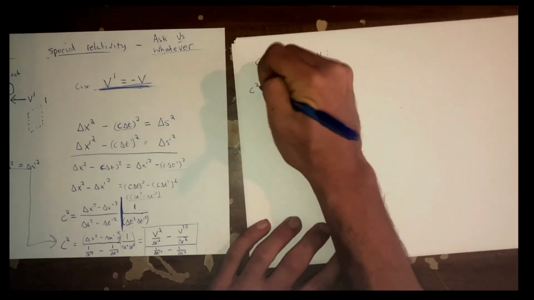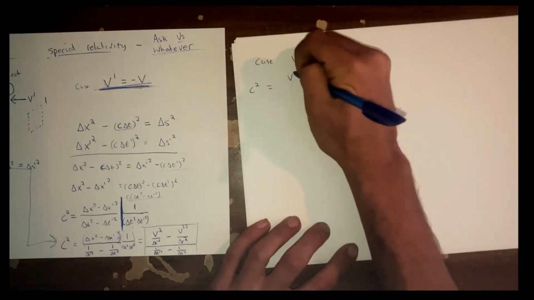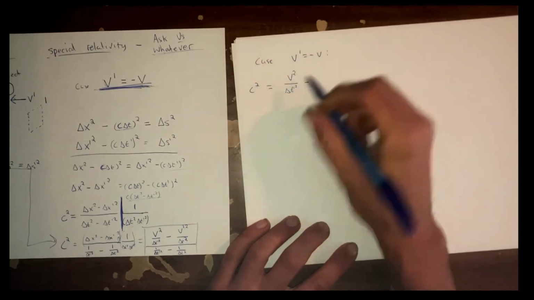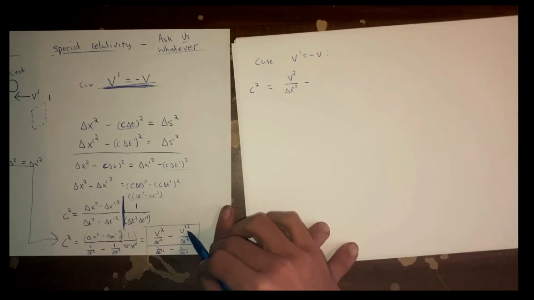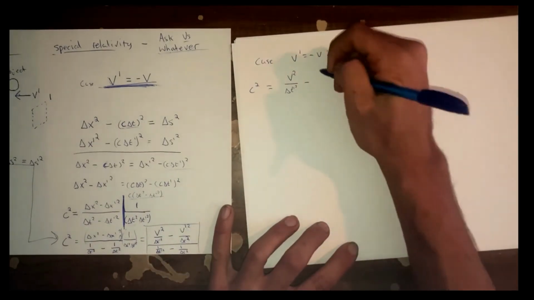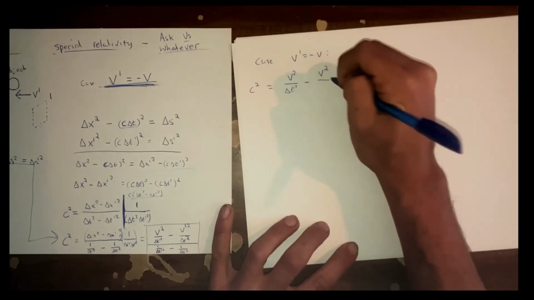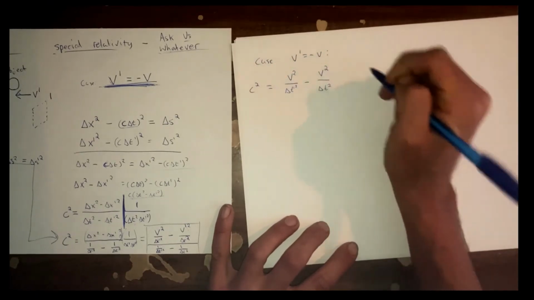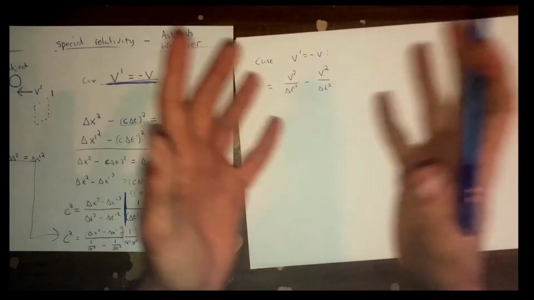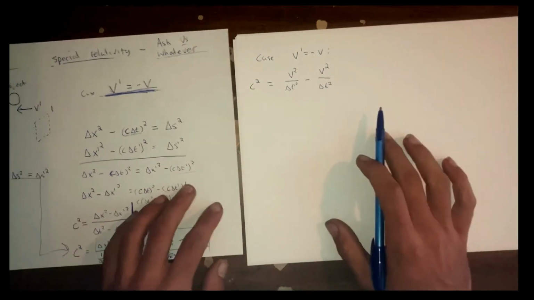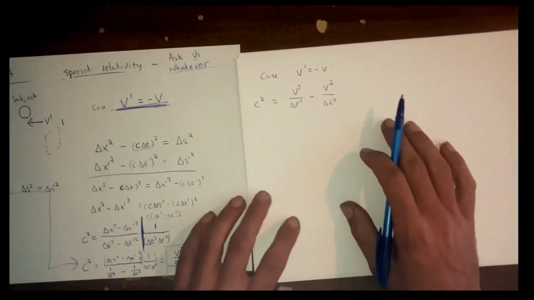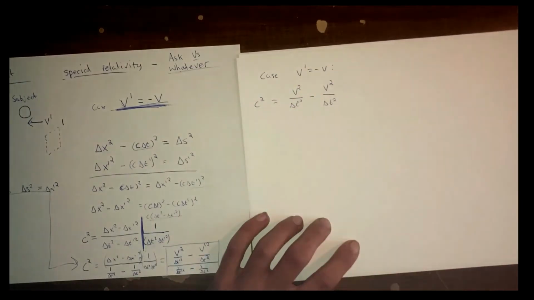If we do that, we get that c squared is equal to v squared over delta t prime squared minus v prime squared, which is negative v squared, but that is just v squared, over delta t squared. Notice we didn't just choose v prime equals v, because that would imply that we're in the same reference frame with respect to velocity, and that would make this whole thing trivial. So we've assumed that they're opposites.